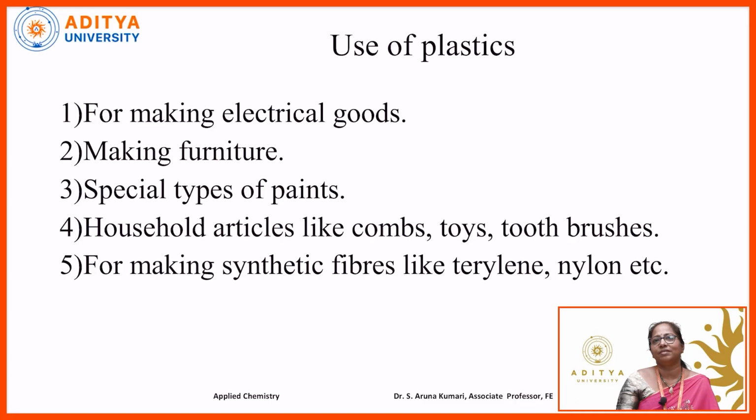Now, let us discuss the uses of plastics. Plastics are used for making electrical goods, and not only electrical goods, we can also make furniture using these plastics. They are also used in making special types of paints, and they are used in making household articles like combs, toys, toothbrushes.